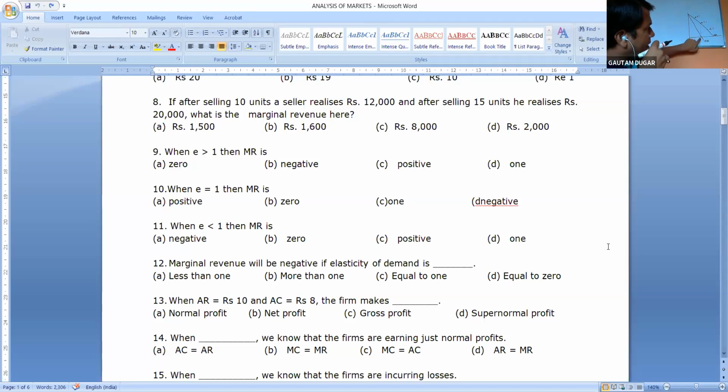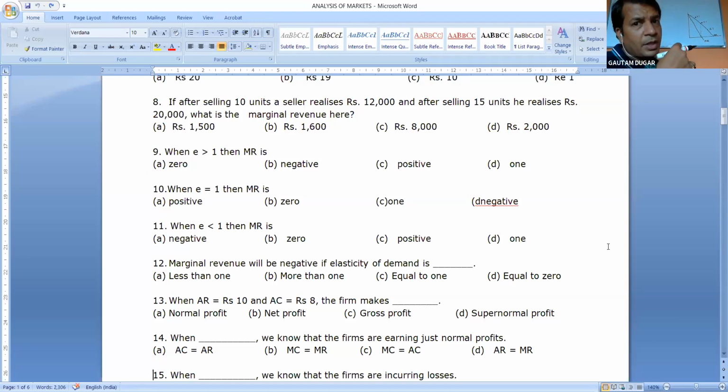Elasticity is greater than 1 till the middle point. When elasticity is greater than 1, we'll find MR is positive. And in the lower half, as we increase output, here we're measuring output, here we're measuring AR, MR, TR, elasticity is less than 1. And when elasticity is less than 1, MR is negative.